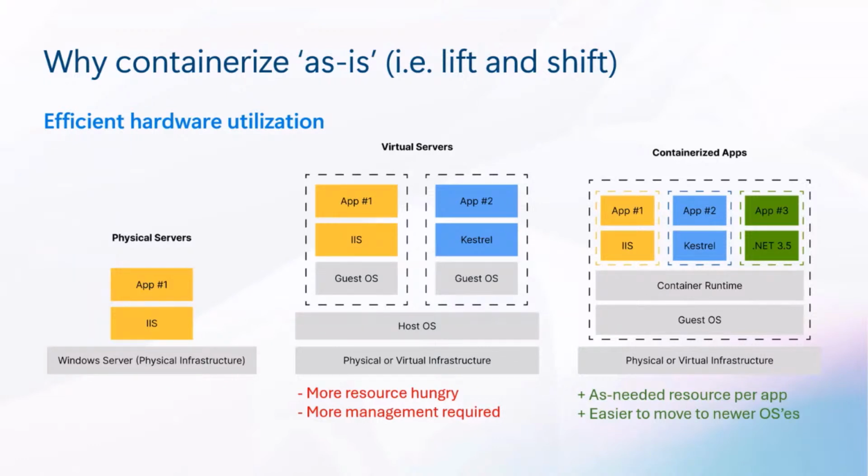The other benefit that comes with containers is improved app portability. So you're able to move to newer OSs, and you're able to manage your OS licenses because you don't have to deploy on legacy operating systems. And that reduces the number of OS instances from the application layer.